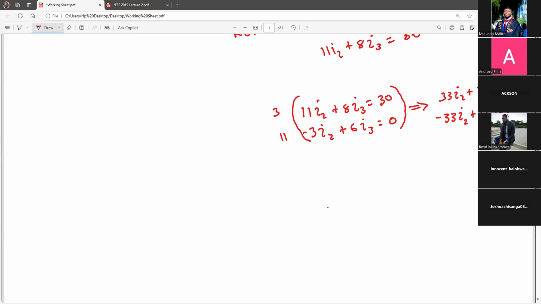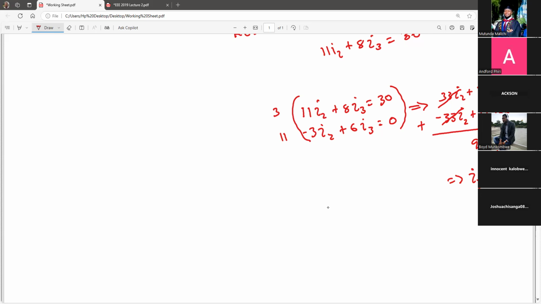So the fact that I have 33 I2 and negative 33 I2, if I added these two equations, you realize that this one will cancel with that, and then I'll remain with 66 plus 24, which is 90 I3 equal to 90, meaning I3 is equal to 1 amp, like that. Okay, I've obtained 1 amp.